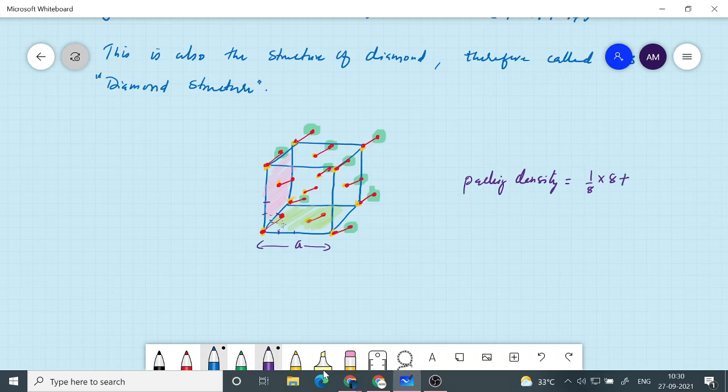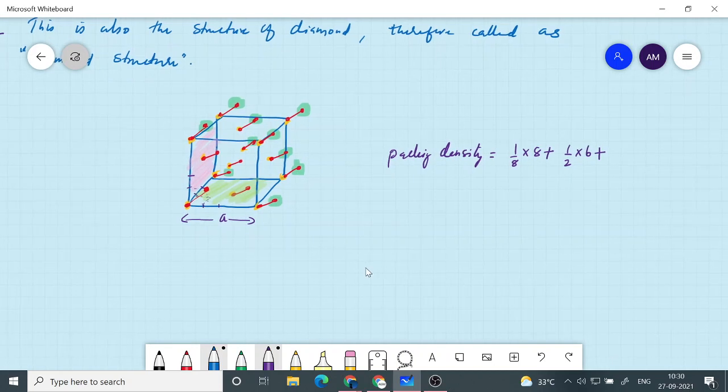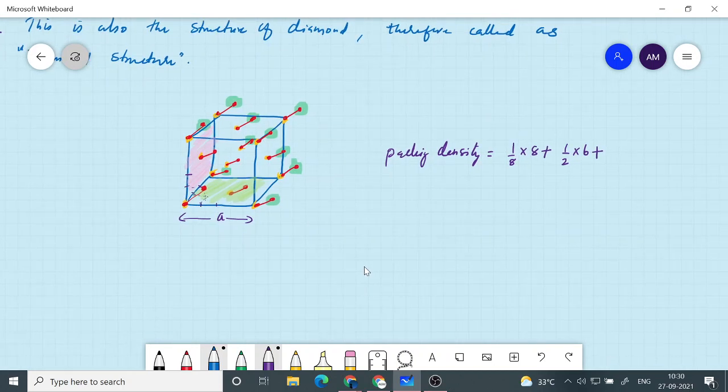Then from the face you have, as before, 1 silicon atom, but it is shared only between 2 unit cells, so half into 6. Now you have, in addition to this, the second silicon atoms which are going into the unit cell. So many of them are going out, 10 of them are going outside, 4 of them are coming inside. So that will be fully inside, so it will be 1 into 4.